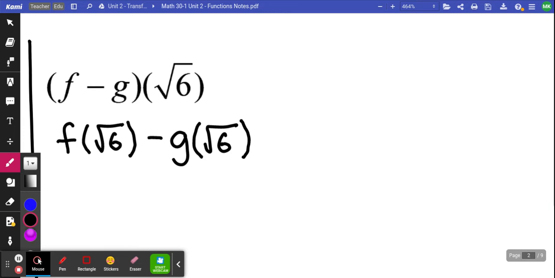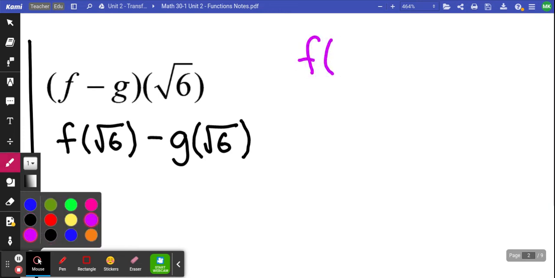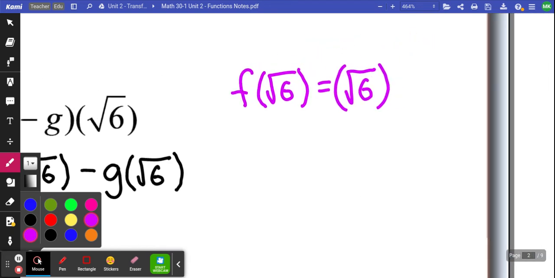So if we try it, f of root 6 would be root 6 cubed, right? Minus 2, and then root 6 squared, and then plus 6.